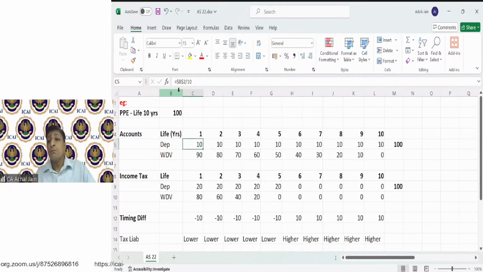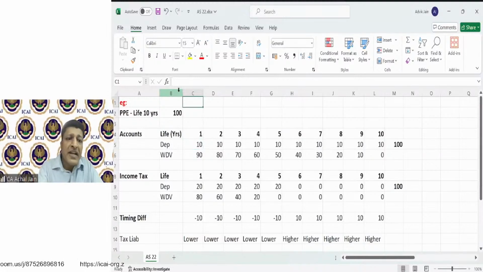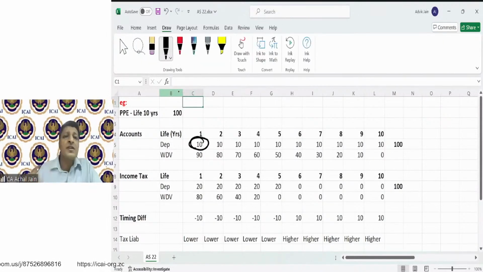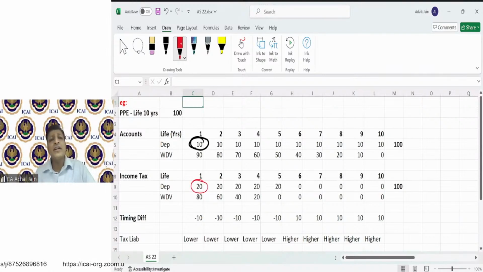But when it comes to income tax, it will disallow this depreciation. And as against this depreciation, income tax will allow depreciation of rupees 20.